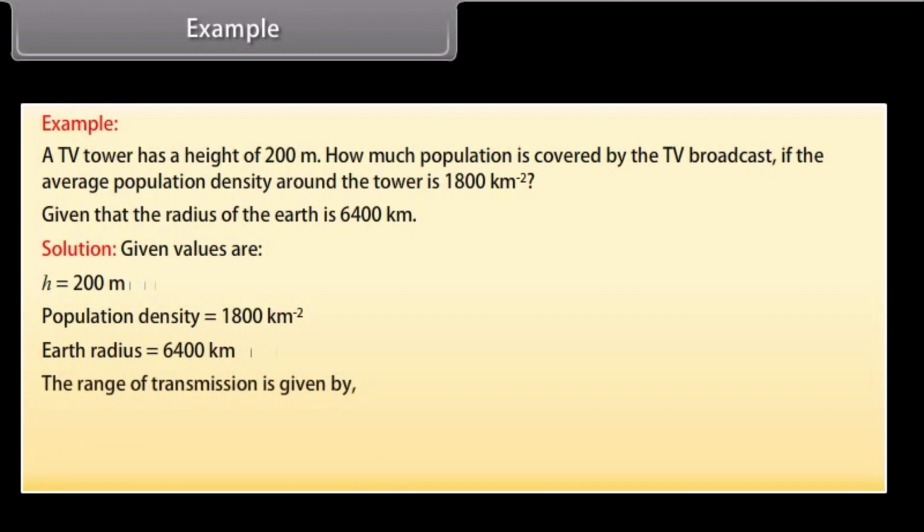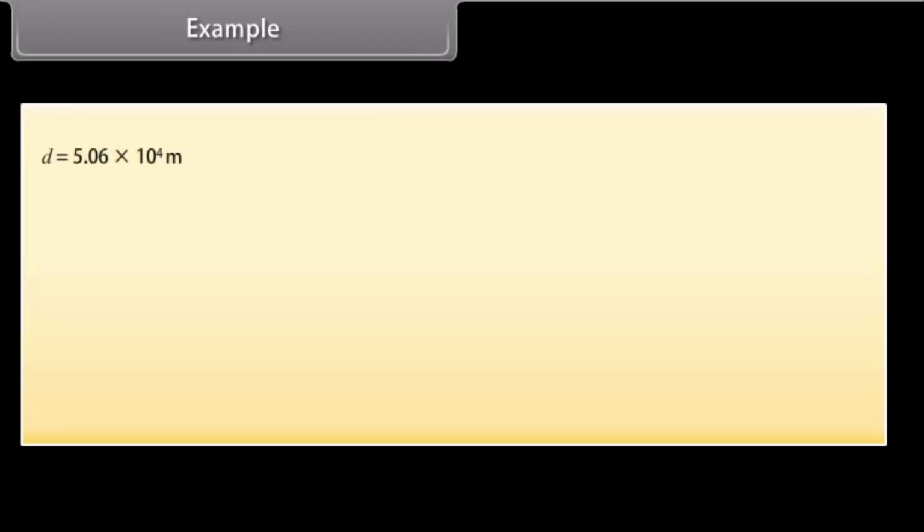The range of transmission is given by d is equal to the square root of 2hR. Now, put the values and calculate. We get the value of d is equal to 5.06 into 10 raised to the power 4 meters. Area covered by transmission is equal to pi d squared.